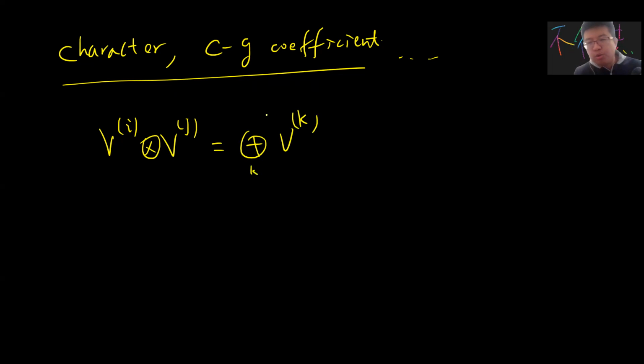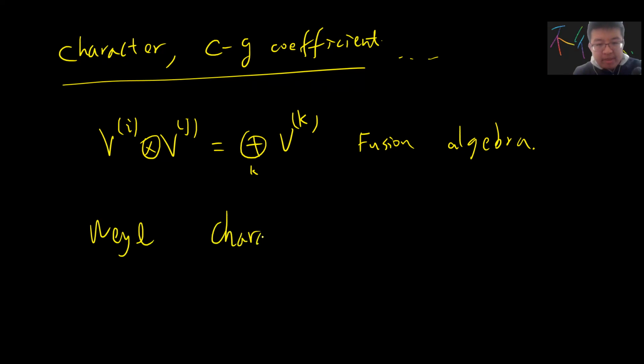This is like a fusion algebra. As in the finite group case, the tensor of two irreducible representations can give you a split into other representations. In general the CG coefficient is very difficult, and there's a thing called the Weyl character formula, which gives you a powerful tool to get the decomposition.